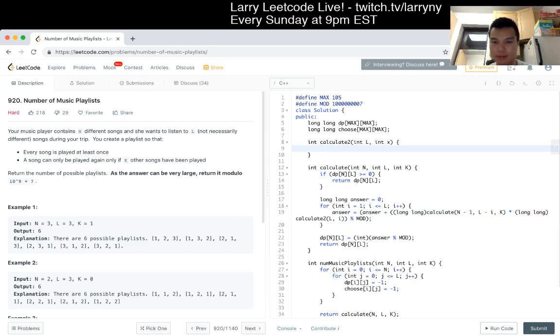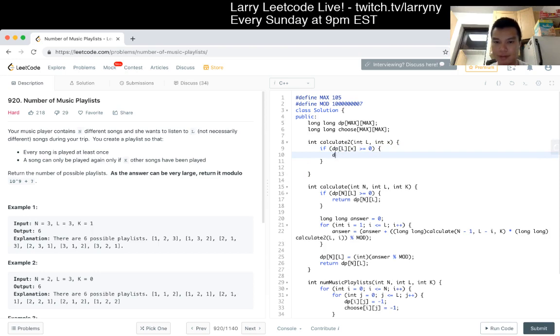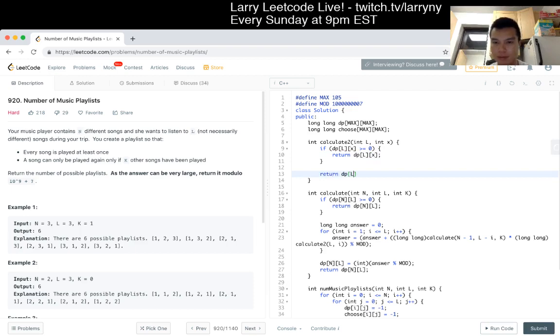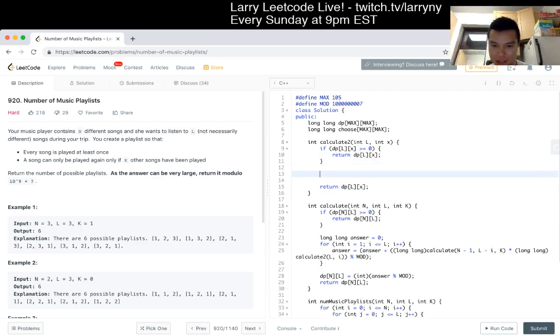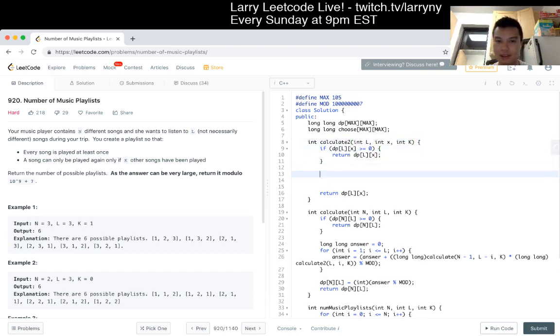Okay, I didn't put in the base case yet, but I can think about it in a bit. Oh, this actually needs to know K, even though it doesn't use it. So how do you calculate this?